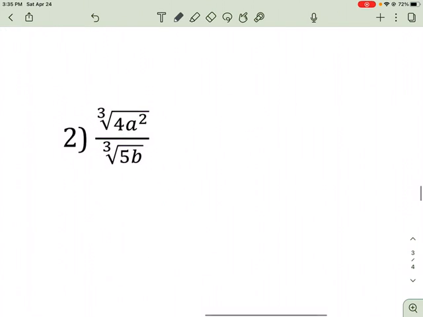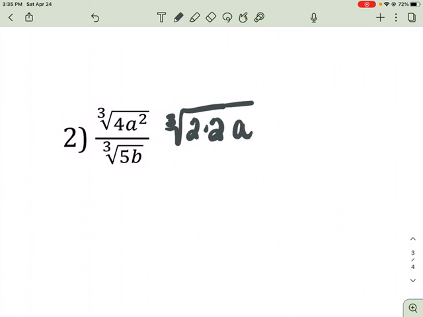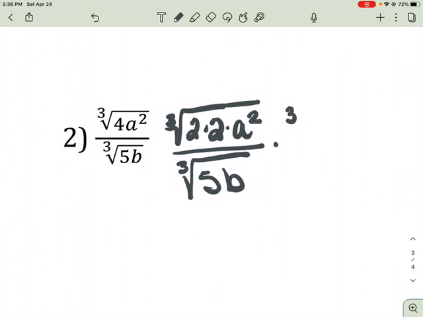All right, let's try one a little bit more complicated. So we have the cube root of 4a squared over the cube root of 5b. Again, about the numerator. So we have two 2's here in the 4. So let's write that out. Cube root of 2 squared, and then I have two a's here. Okay. So I need the numerator to have one more 2 and one more a.